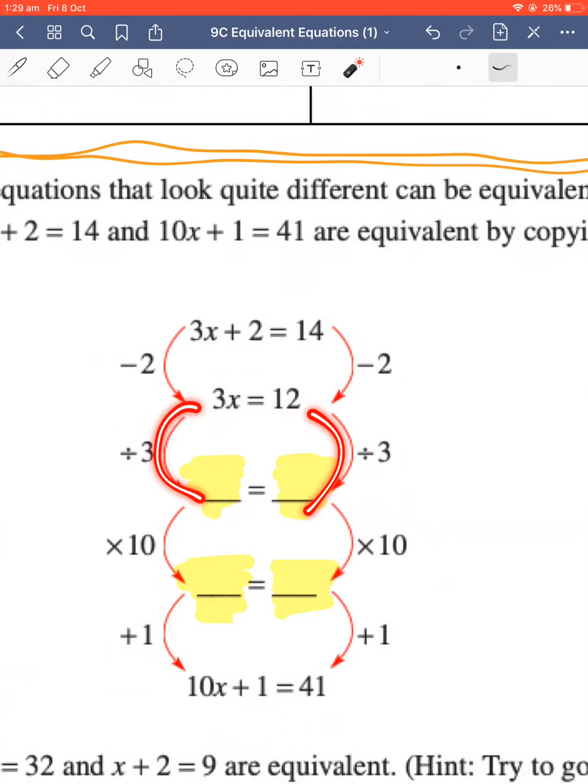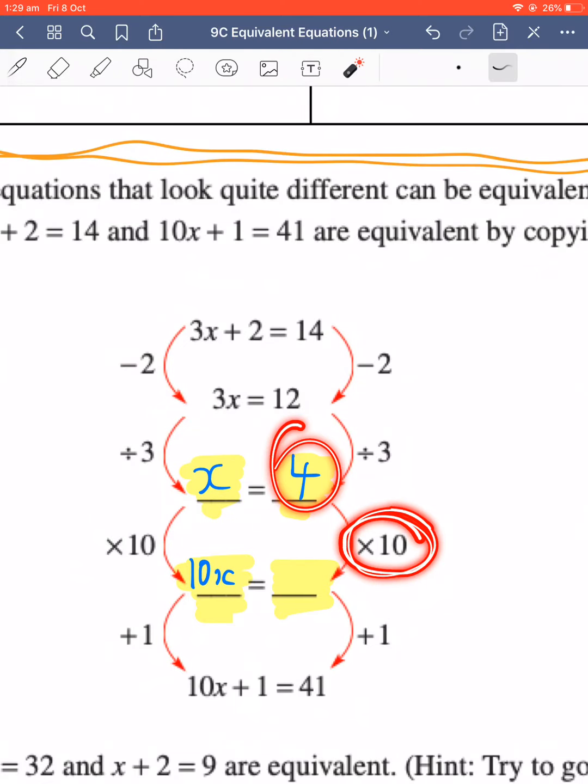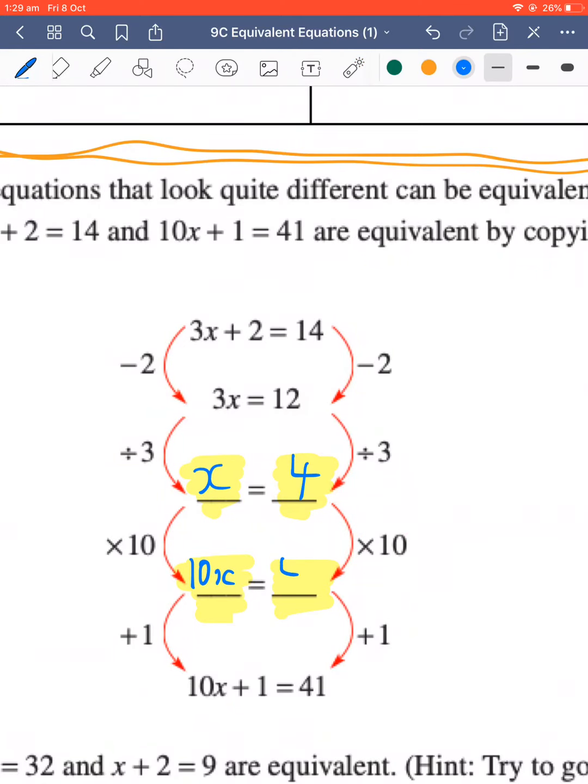The next thing, I've divided by 3 to both sides. So 3x divided by 3 gives me x, and 12 divided by 3 gives me 4. Now I'm multiplying them by 10, so 10 times x is 10x, and 4 multiplied by 10 gives me 40. And then the next one I'm adding 1, and boom, I am done.